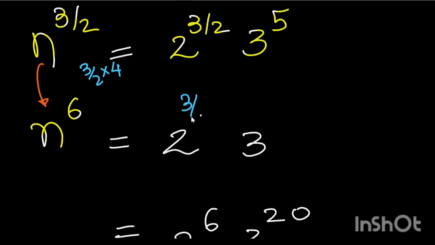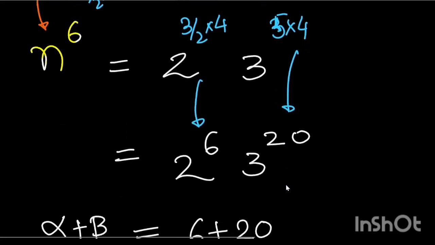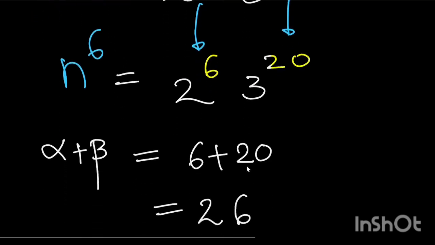So here 3 by 2 into 4, 5 into 4 it will be. So as you can see here, it becomes 6, and 5 4s are 20, it becomes 20. This is n to the power 6. So 6 is alpha, 20 is beta. So the sum 6 plus 20, guys, will give you what? 26, which is the answer to this question.